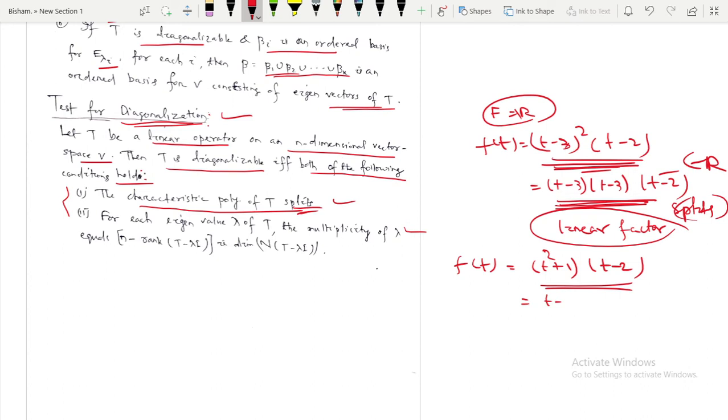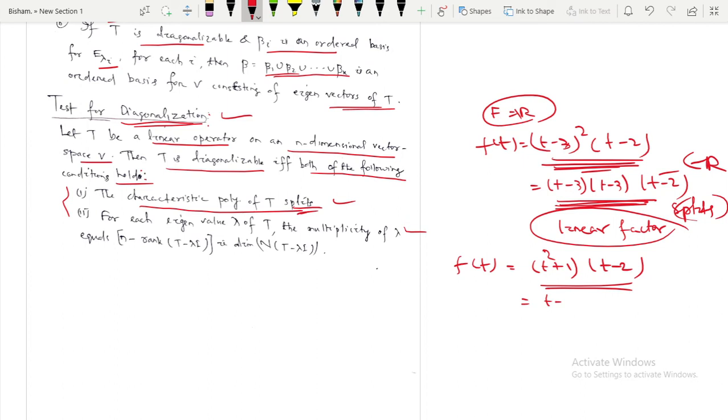Okay, so if the field R is given and you are getting f of t like this one, then I can say that this thing does not split. This can't be written as a linear factor in R. It can be written as a linear factor this way if the field is the set of complex numbers, but if the field is R, then it can't be written.